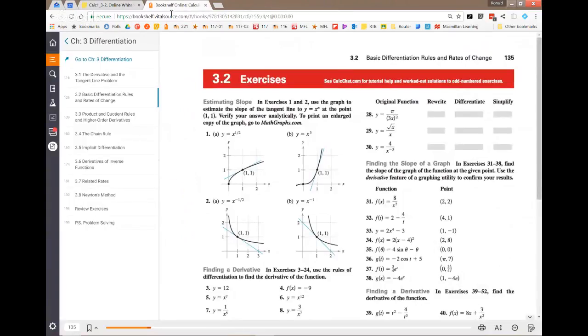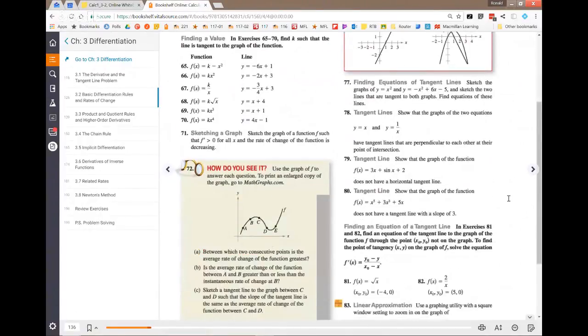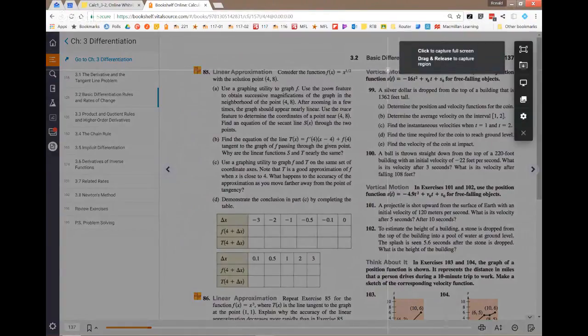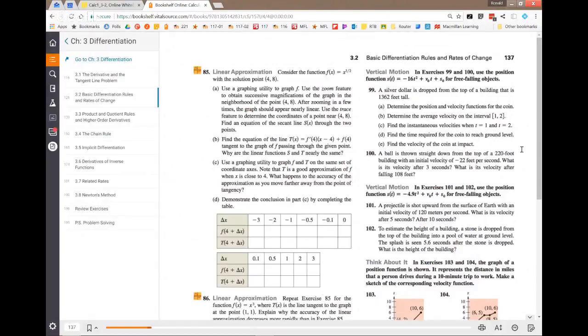Okay, so let's take a problem now. And I'm going to look to the book for this. Number 99. Okay, I can't make this any bigger, but what I can do, let me copy that.